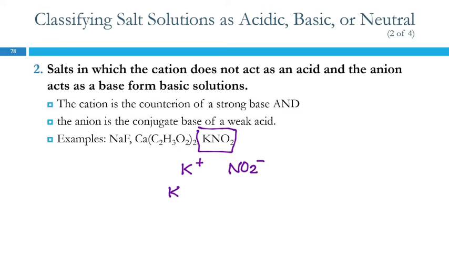Yes, it is, KOH. Is this related to an acid? What acid is it? HNO2. What kind of an acid is that? It's a weak one. NO3 is strong, but this one's weak. So if this is a weak acid, that means this guy acts as a weak base.